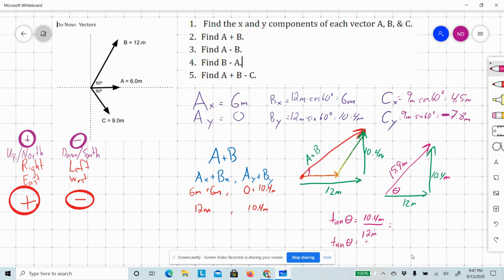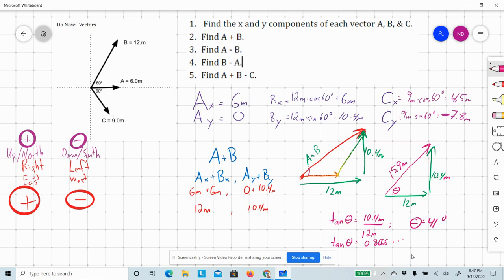Tangent theta equals 0.8666, a bunch of other numbers. Invert tan, or arctan. Make sure your calculator is set to degrees and not radians. Sometimes in math class, your calculators are set in radians. You should get theta equals 41 degrees.